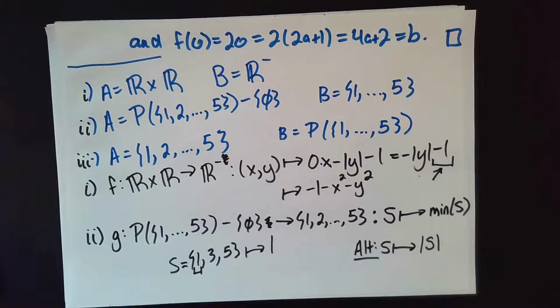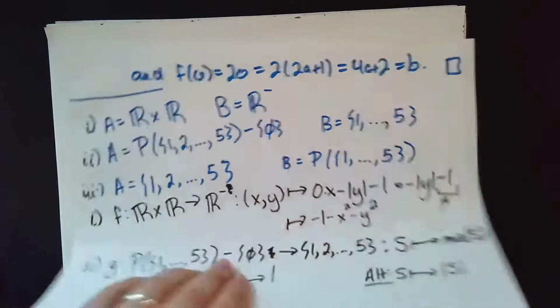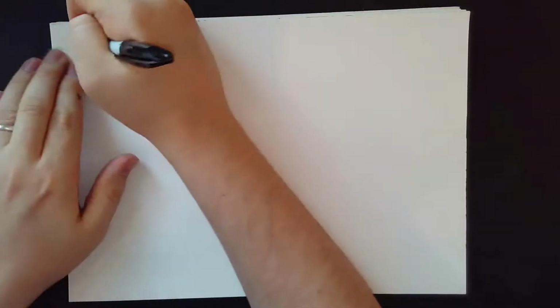I can go over number 6 from test 2. Test 2, number 6.